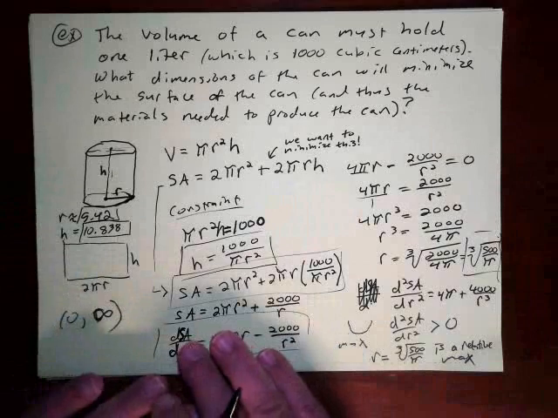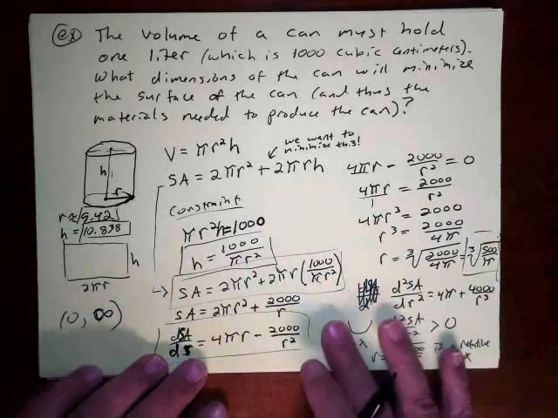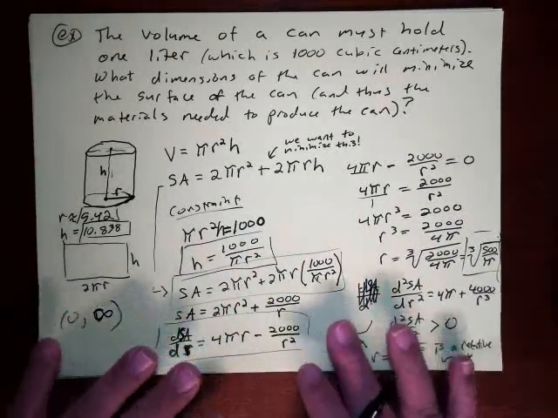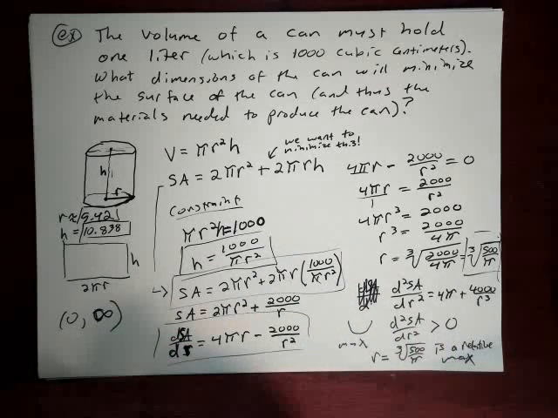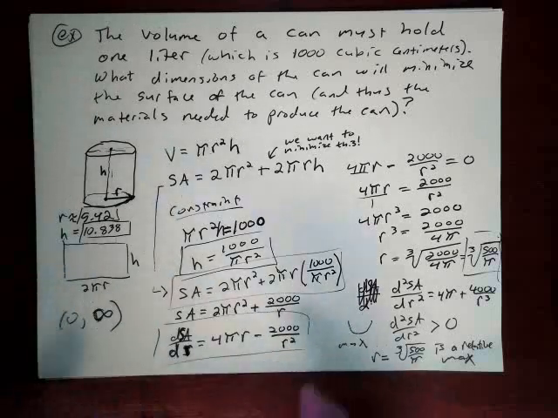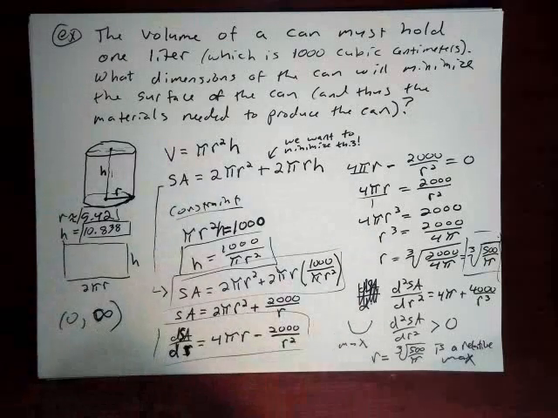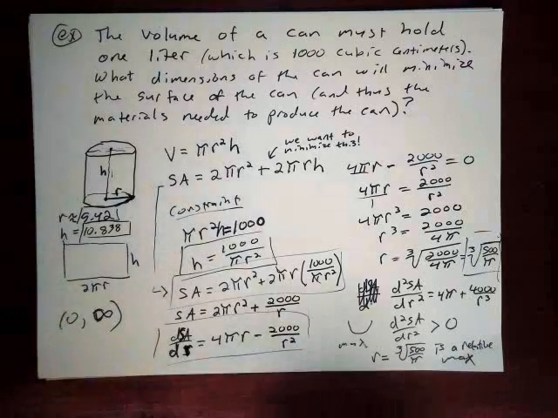And I'm guessing this is probably true with all cans, something similar to this. And that's why at the grocery store, cans often do have similar shapes. We've got a feel for what a soup can is. They're probably minimizing the surface area.